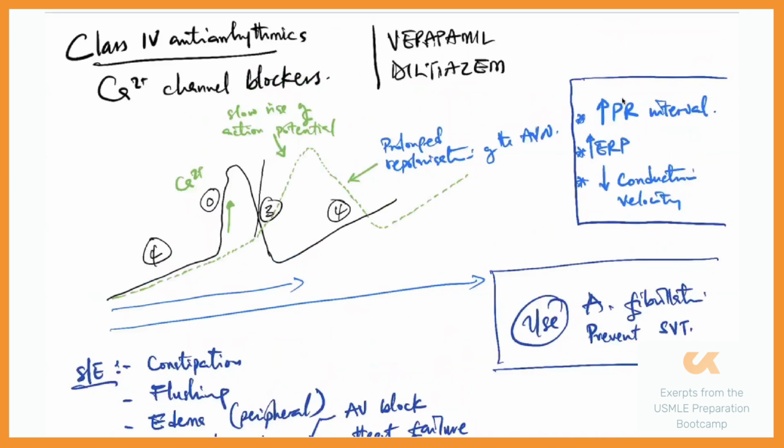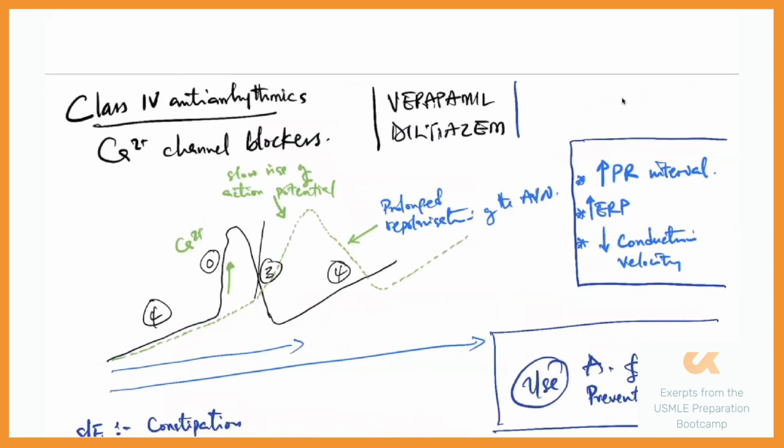Do you know the difference between verapamil and diltiazem and the other calcium channel blockers? Do you remember that the other calcium channel blockers are dihydropyridine medications, whereas verapamil and diltiazem are non-dihydropyridine medications? So remember that.